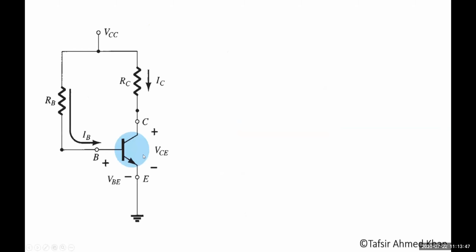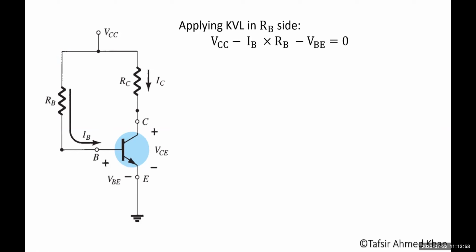So how can we find these? We have to apply a KVL on the input side. Applying KVL in the RB side: VCC minus IB into RB minus VBE. How? See, here this is the source, so VCC minus IB into RB, because the current here is IB and the resistance here is RB.